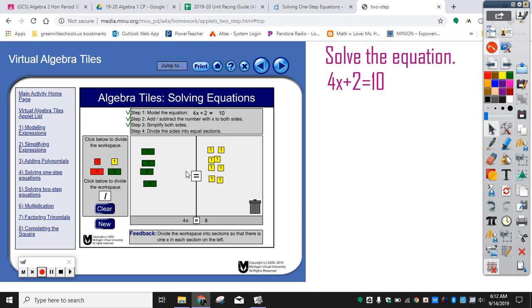Well, the division part looks a little bit different. We want to break this into equal sections. So I have 4 x's here, and I want to find out how much each x represents.